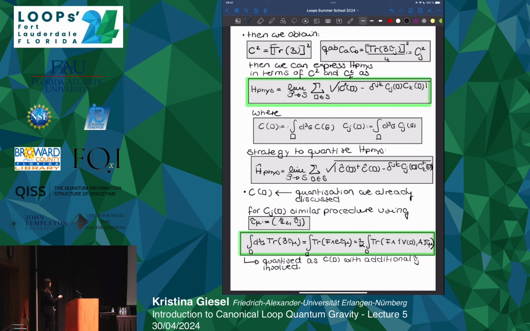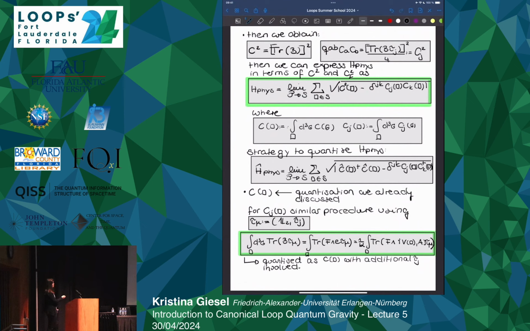So again, we sum over all cubes. And then we have these integrals approximated in such a way that C square of our cube is just the integral over the part which includes the geometric contribution from the Hamiltonian constraint.